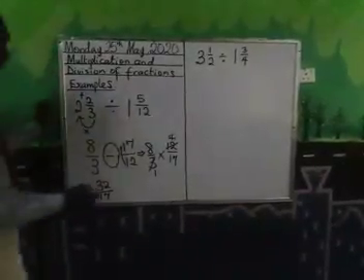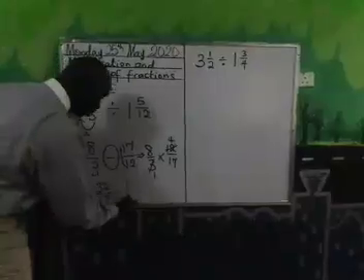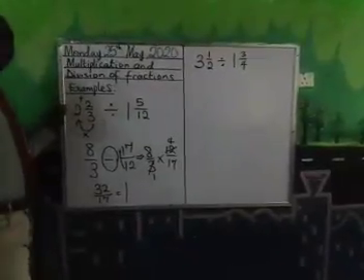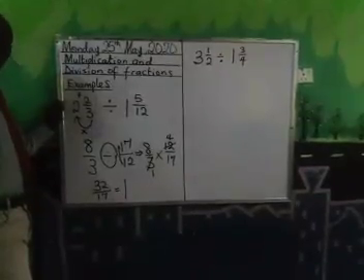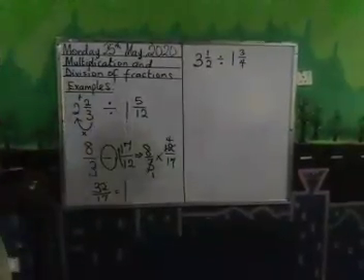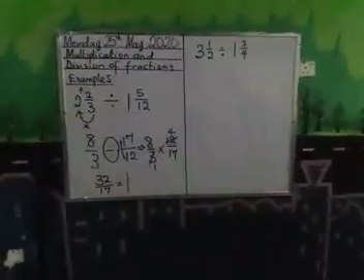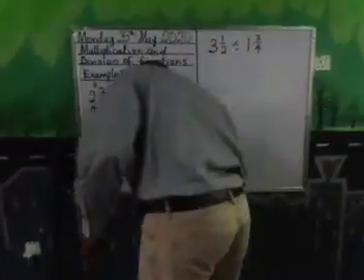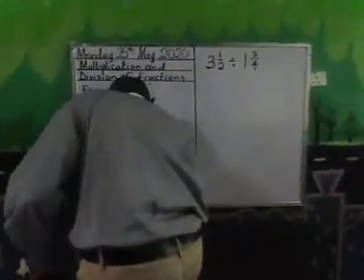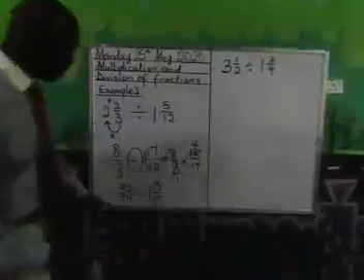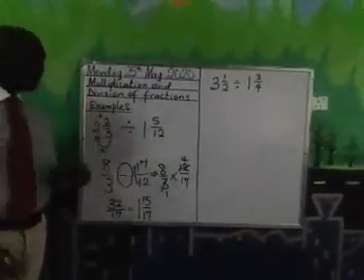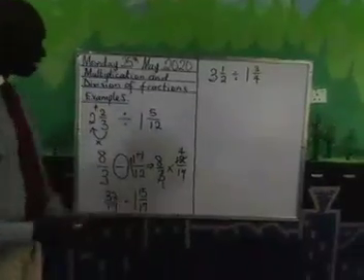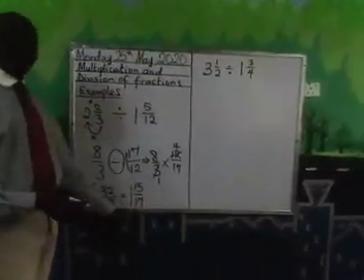Just once. So what will be left? 15 over 17. When you divide 32 by 17, you're left with 15, and that's your answer. One whole number, 15 over 17.